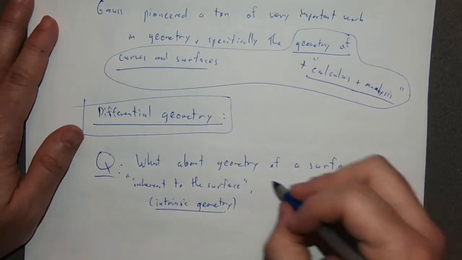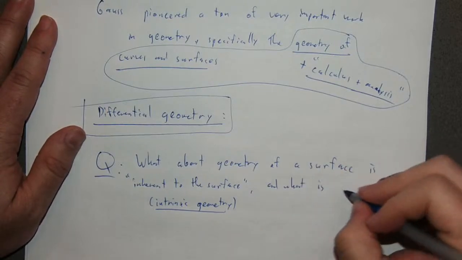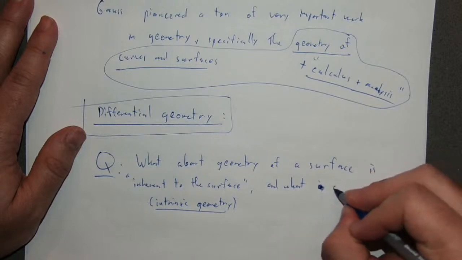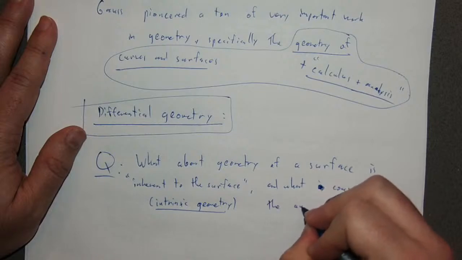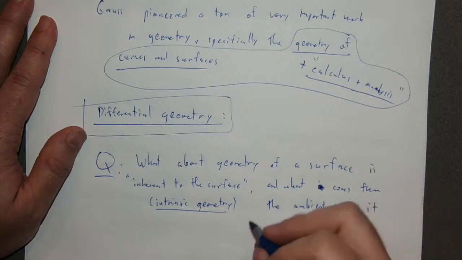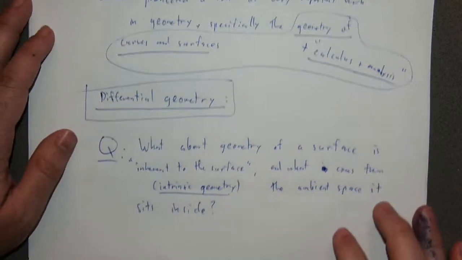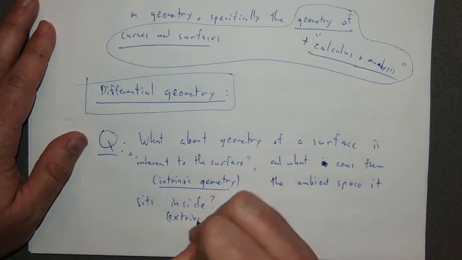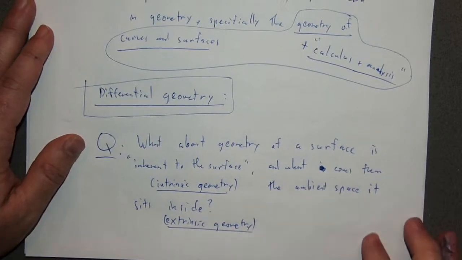And what comes from the ambient space it sits in? This was called extrinsic geometry. It seems like a pretty natural question here.